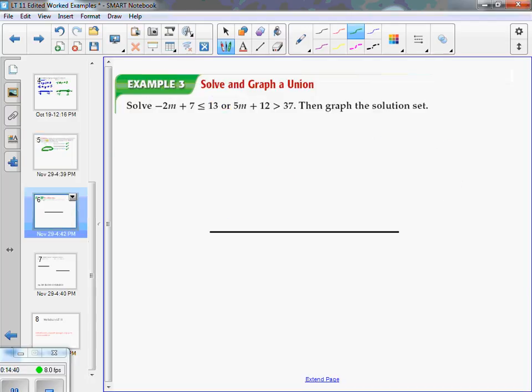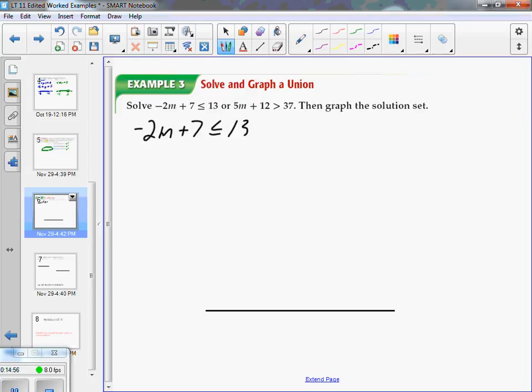Solve negative 2m plus 7 is less than or equal to 13, or 5m plus 12 is greater than 37, then graph the solution set. All right, here we go. Let's solve the first one. Negative 2m plus 7 is less than or equal to 13. First step, I do what to both sides? Subtract 7.